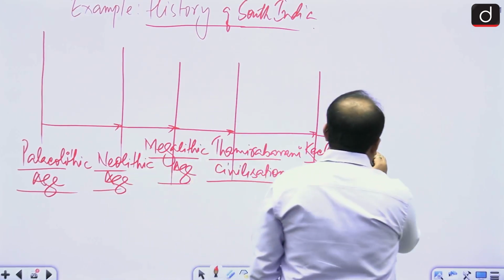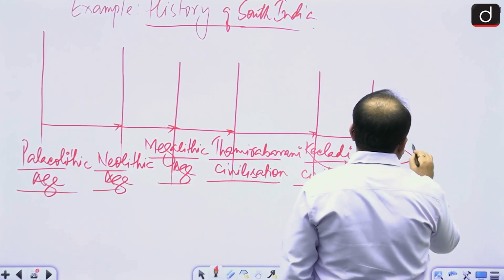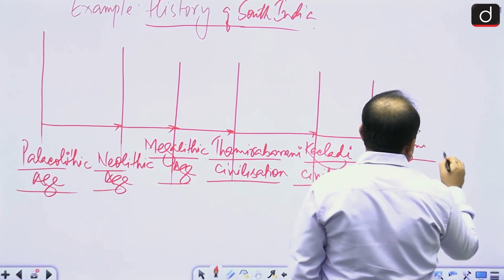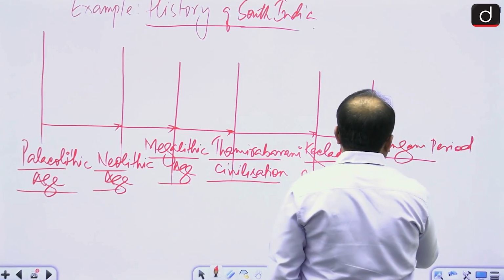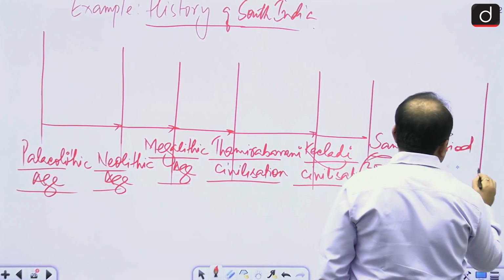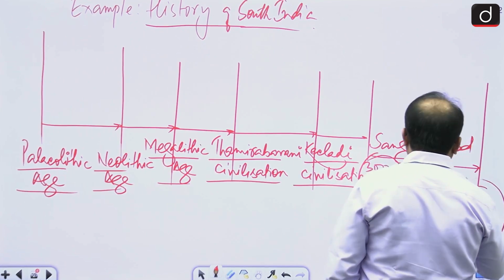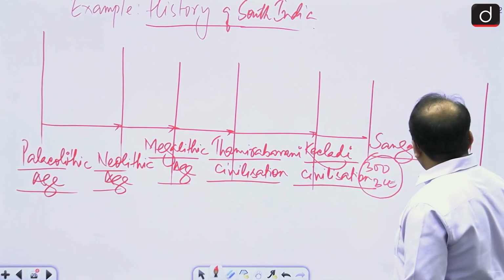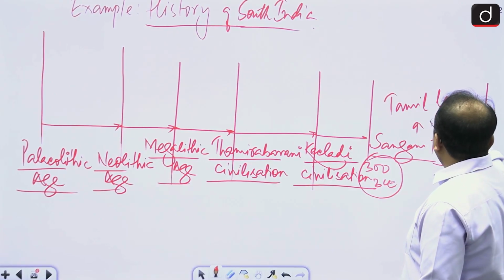And then it led to the birth of another culture called the Sangam period in the history of South India, from 300 BCE onwards till 300 CE. The Sangam period is known because of Sangam literature written in the Tamil language.